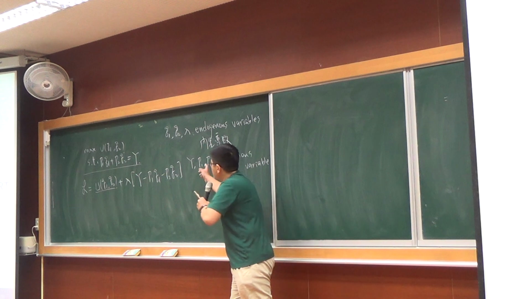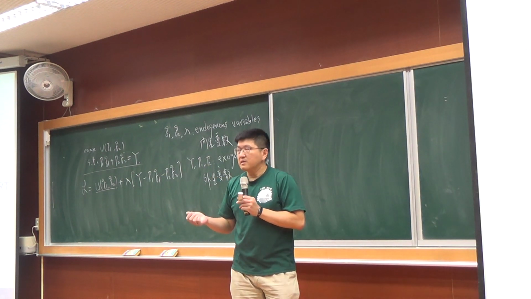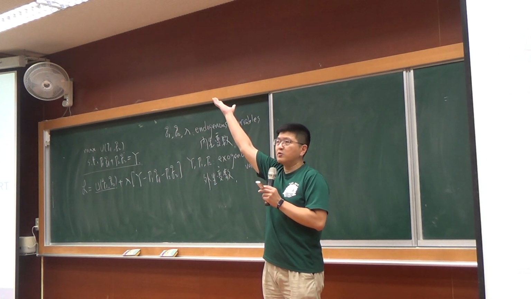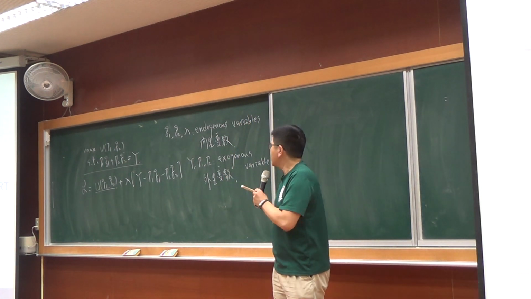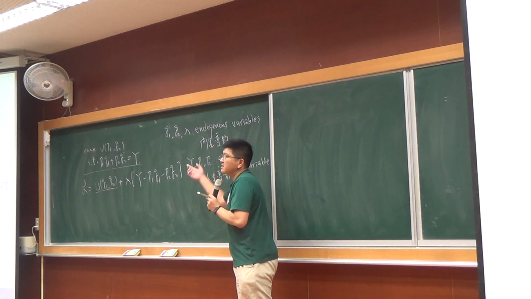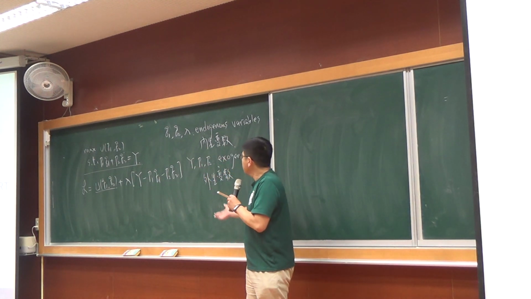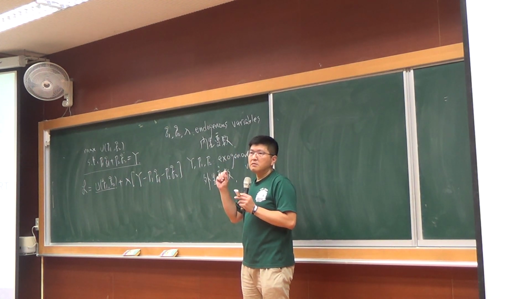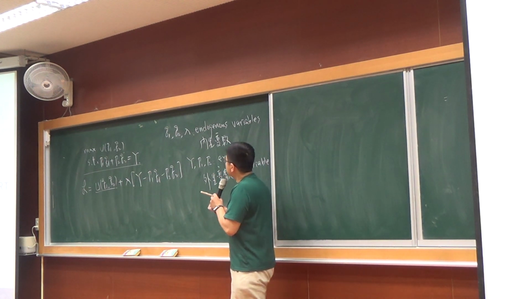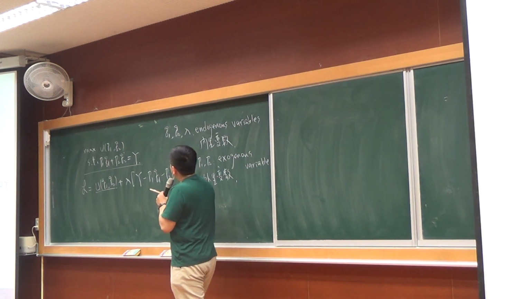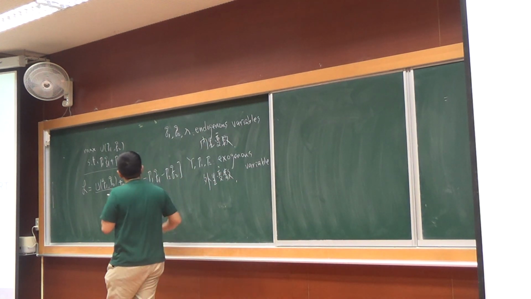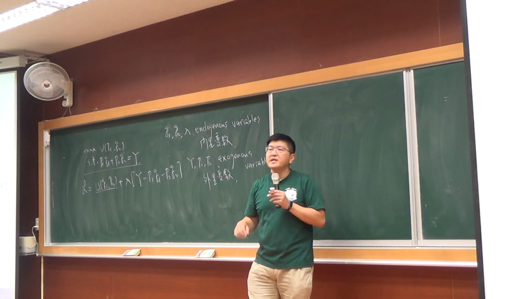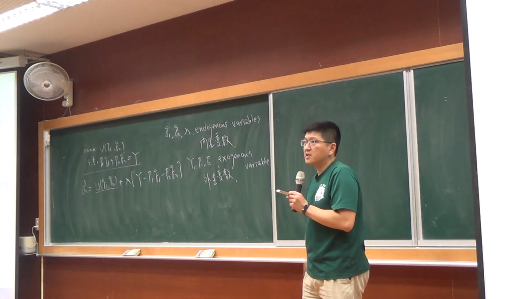So these three things are something the world decided for us. We are facing an environment with these variables, and the only thing we can do is to decide which levels of Q1, Q2, and lambda we want to choose so that we may maximize our utility.